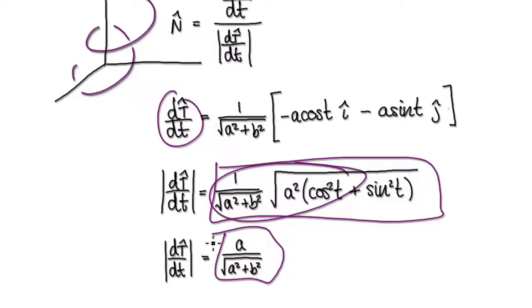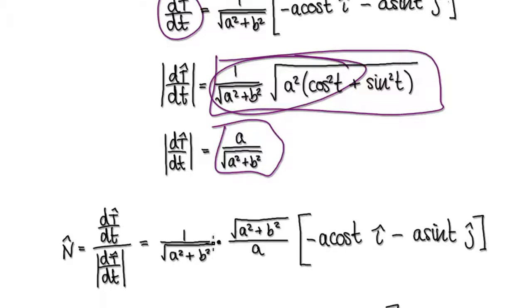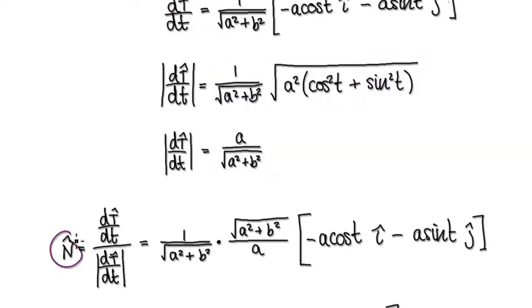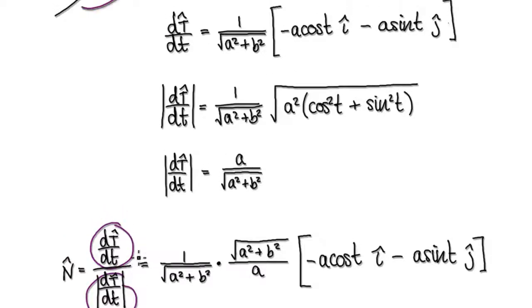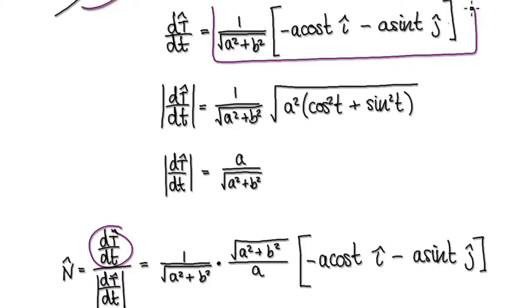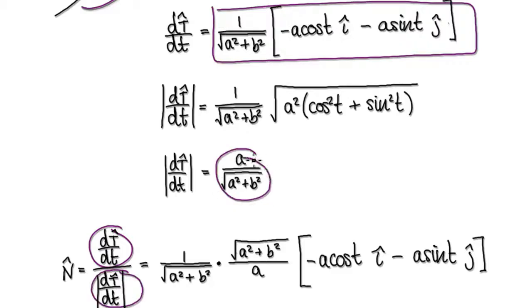That will give you this thing here. And then to find the unit normal, get our vector and divide it by its magnitude. So remember, this thing here is this thing here, and then we need to divide it by this thing here. Don't forget, this is just a constant.